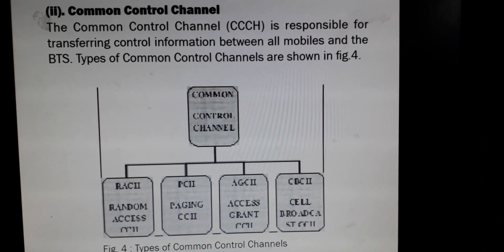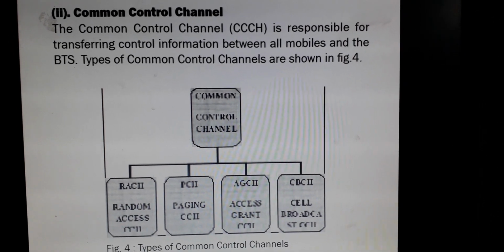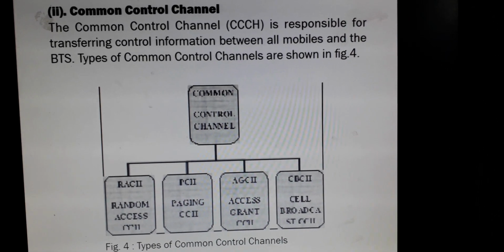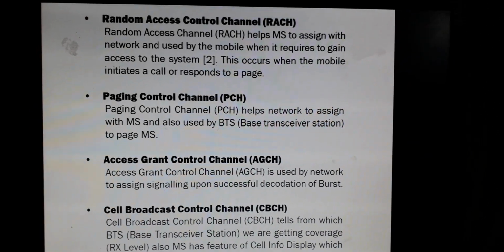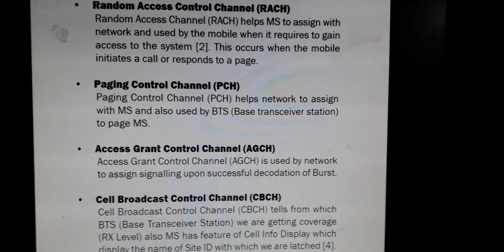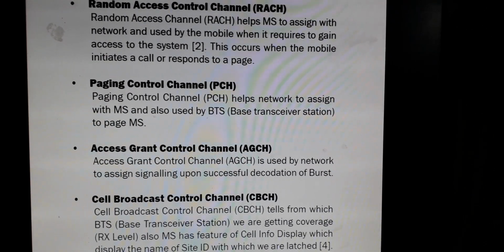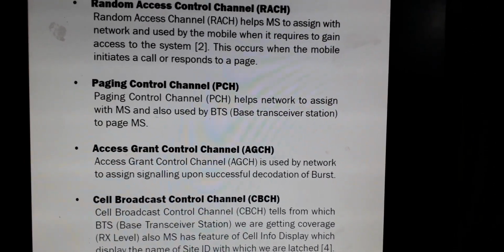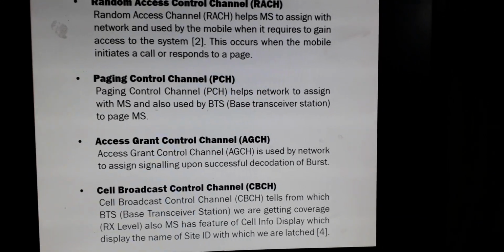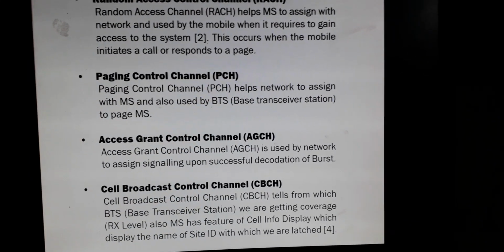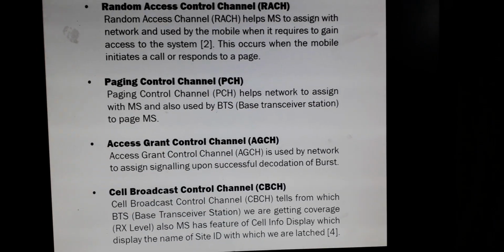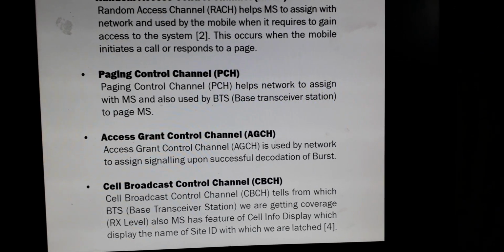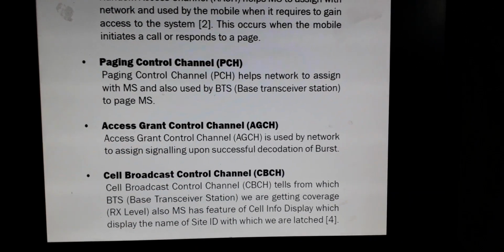There are 4 common control channels: random access channel, paging channel, access grant channel, and cell broadcast channel. The random access channel helps the mobile station to register with the network. It gives access to the mobile network, and whenever the mobile initiates a call, it is used. RACH also responds to the page whenever there is an incoming call.